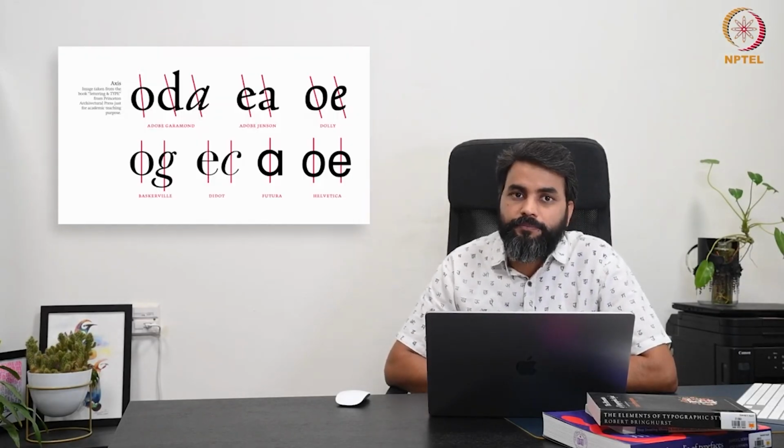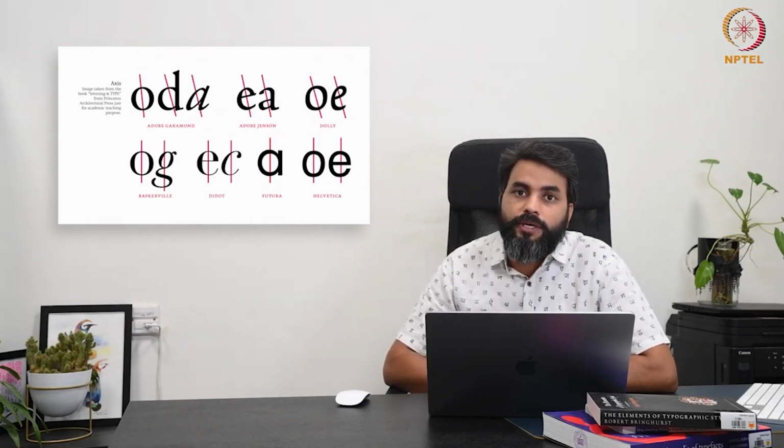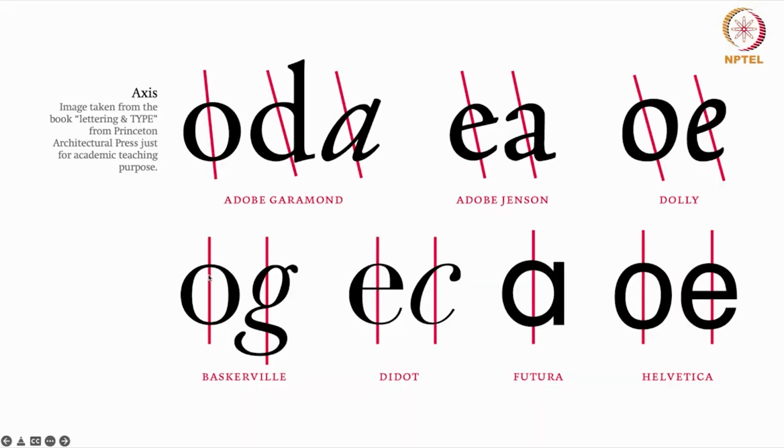Letter axis. In typography, letter axis refers to the invisible line or angle that runs through the thinnest part of the letter form. So if you look at letter O here, this is the line which is running through the thinnest part. And this is quite common, particularly in letters O, A, D, right, or even E, where you have a circular letter form.